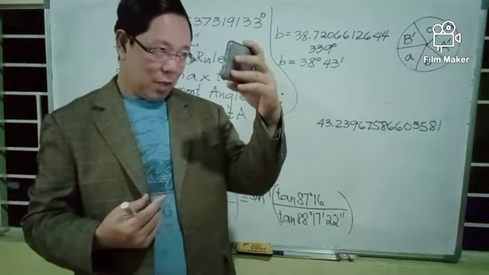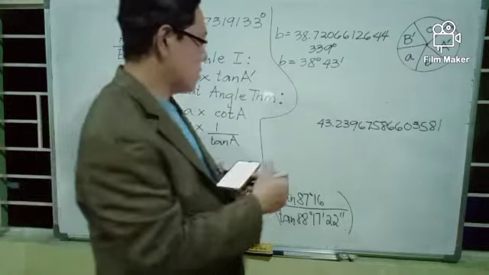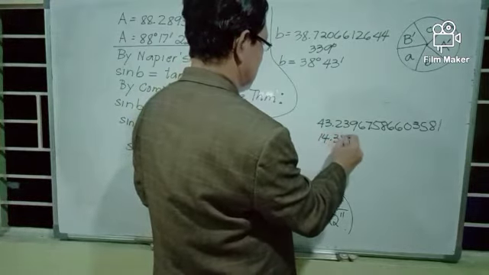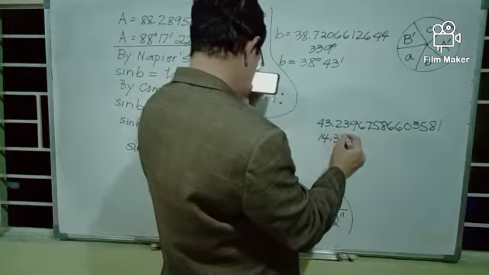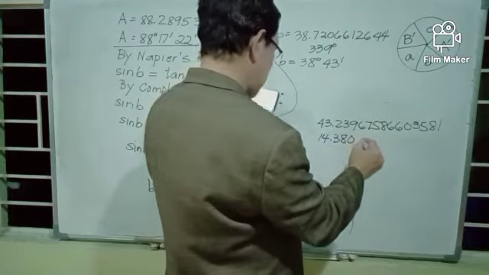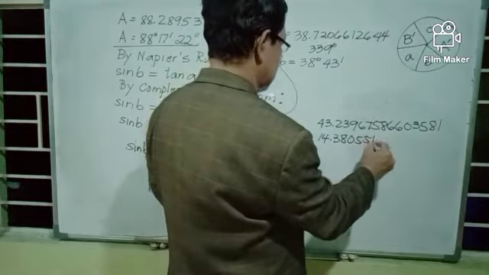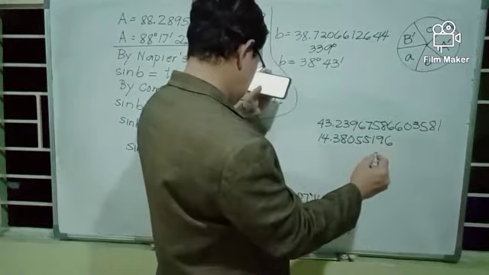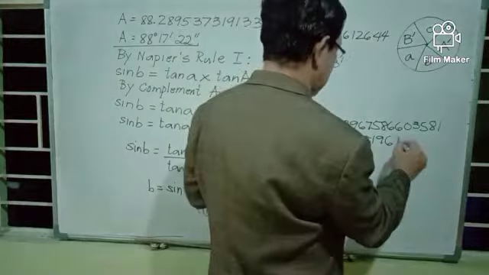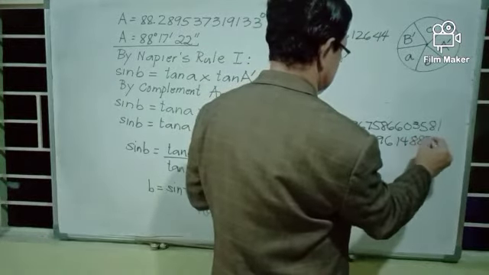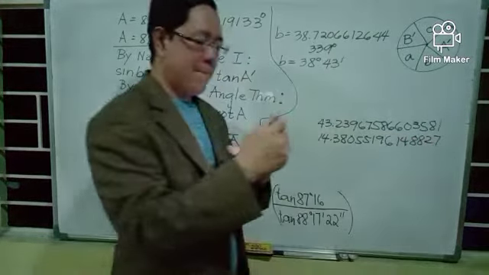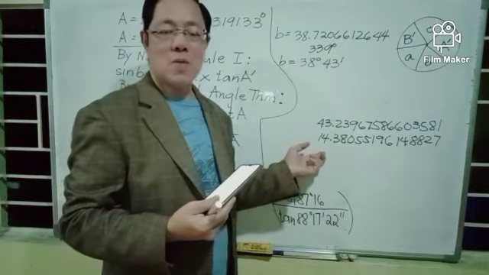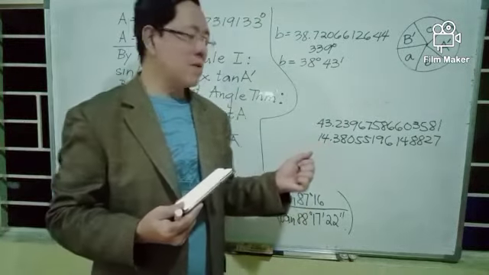Hence we multiply the decimal number by 60 because 1 minute equals 60 seconds. And you should get 14.380... Now this decimal number is in seconds. We now round it off to a whole number.